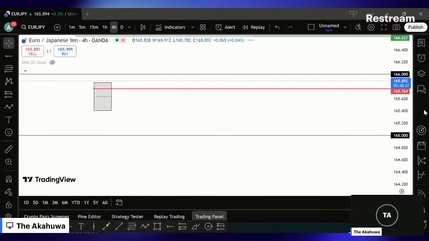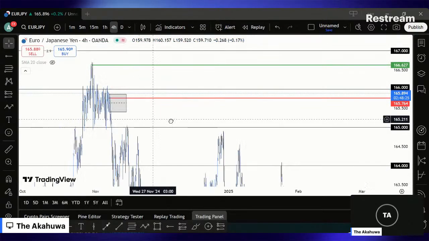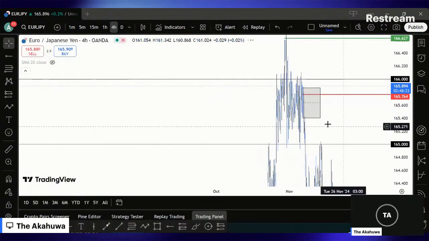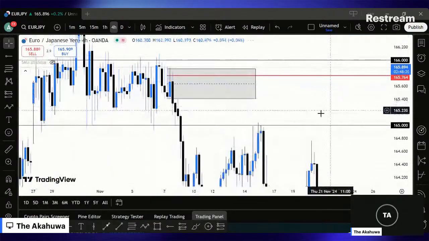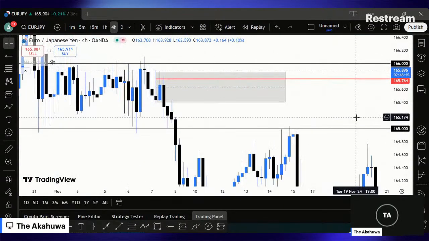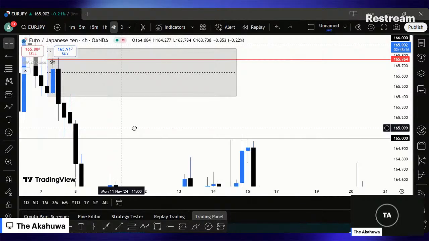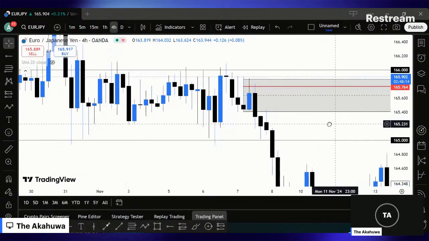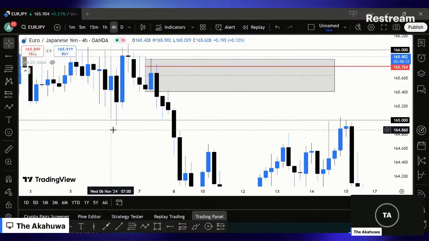So now see, let's examine what is happening here. Okay, this is the 4 hours order block here, and we have this as break of structure to the downside.